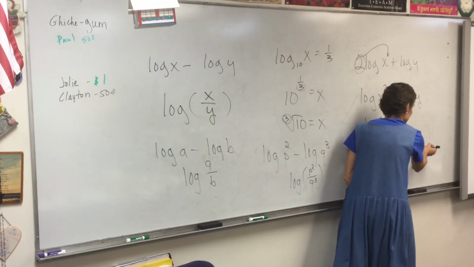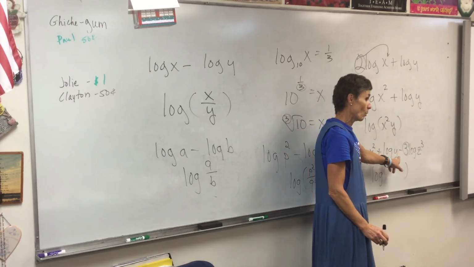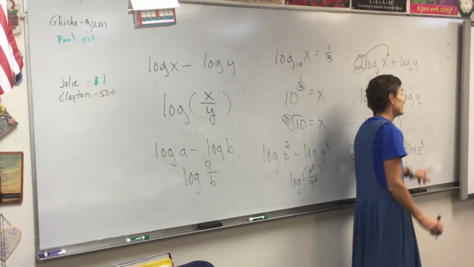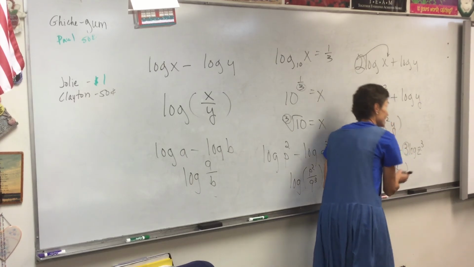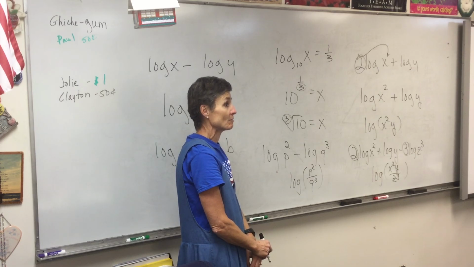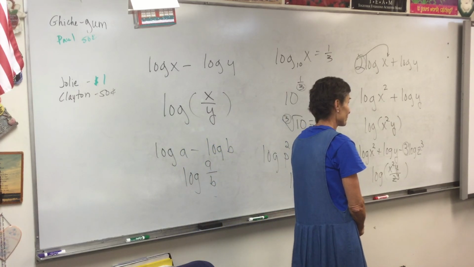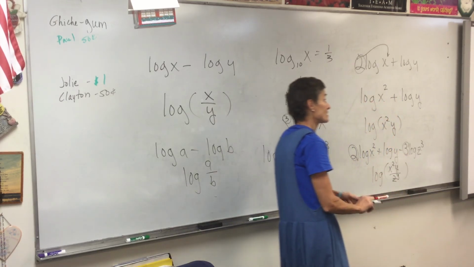And you'd put this up here. Now, what are you going to do with the x squared and the y? Multiply, and what are you going to do with the z cubed? Divide. So it would be x squared y over z cubed. So you can do some pretty complicated things if you know your rules. Why do you divide the z? Because it's a minus. And remember, when it's minus, we divide.